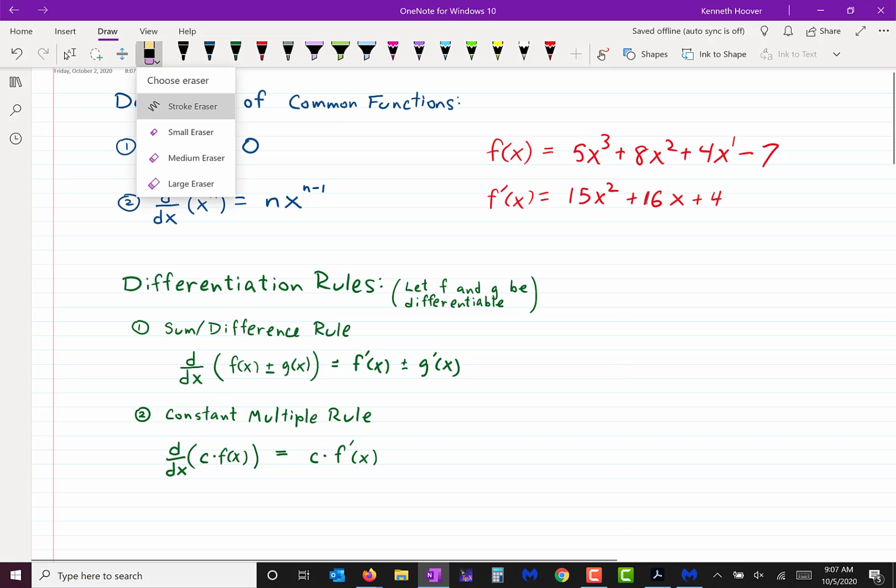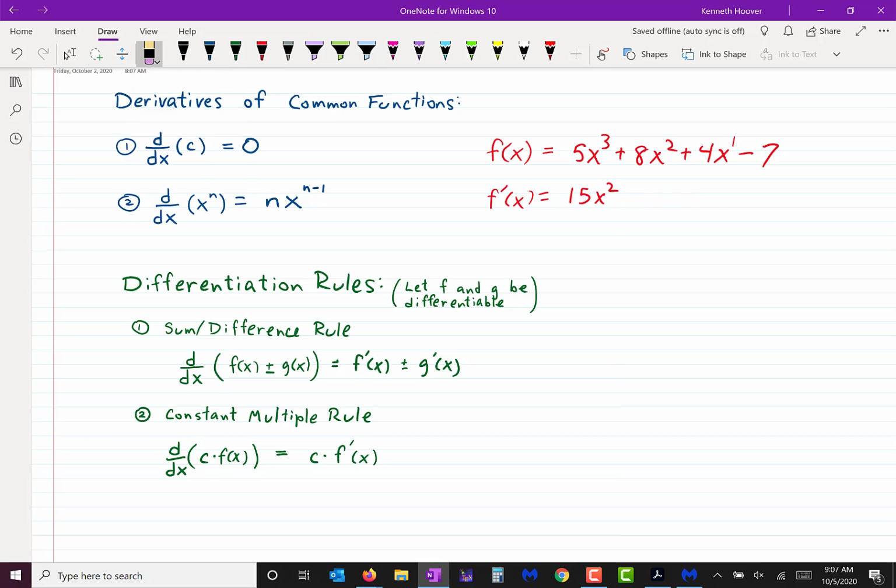Okay, I'll do one more with you. Let's do 12x to the 10th plus 9x to the 5th plus x to the 3rd plus 8.